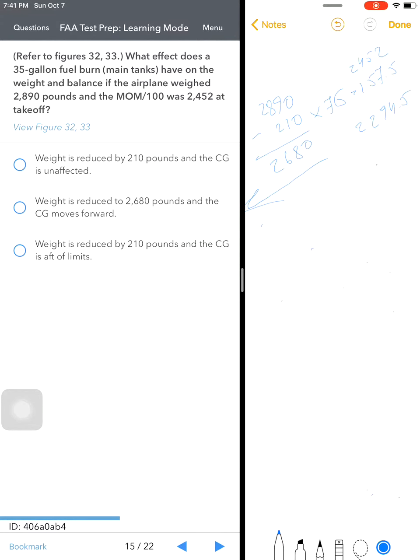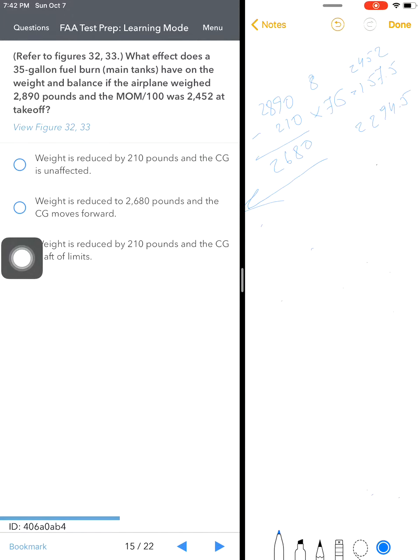2294.5. And now let's take a look at the CG. What happens to CG at this point and then at this point? So at this point we can say 2452 divided by 2890 equals about 84.